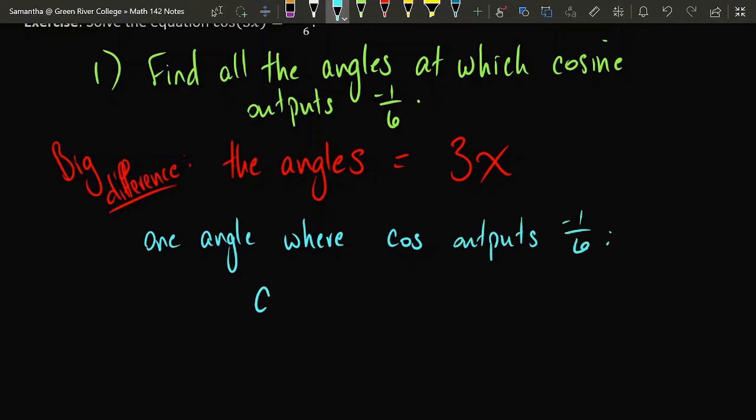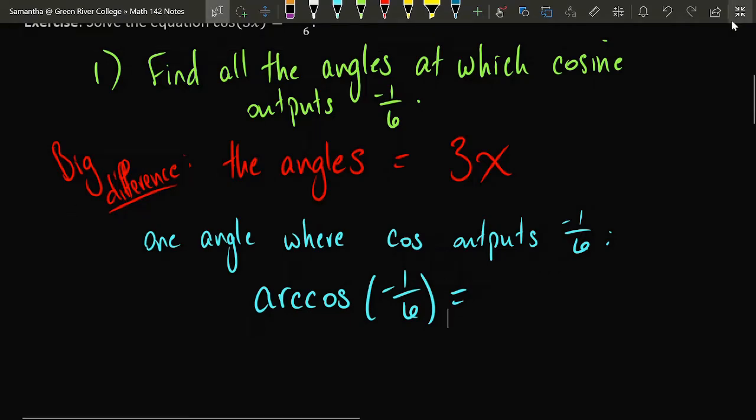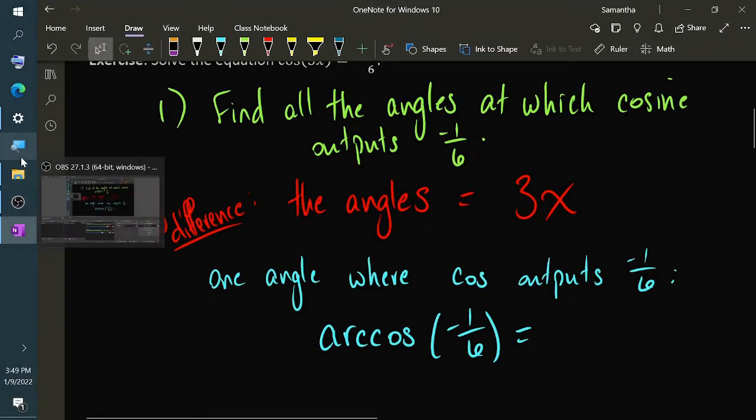This angle can be found using arc cosine. So let's plug this into a calculator and see what we get. This is not one of the values on the unit circle. -1/6 does not appear in that reference image as any of the x coordinates in that picture. So let's use a calculator to find this value.